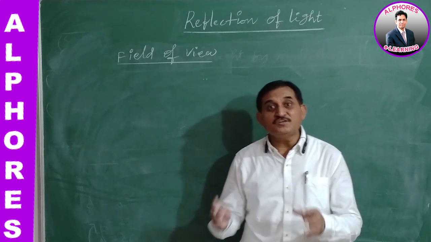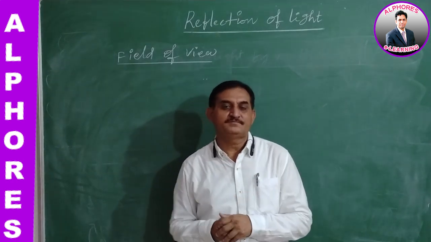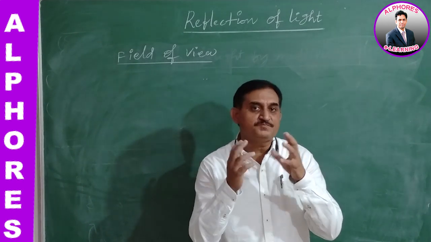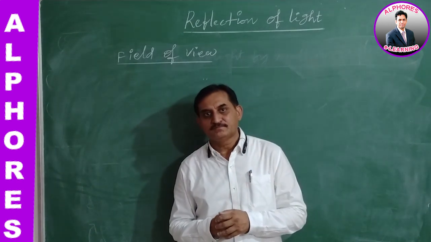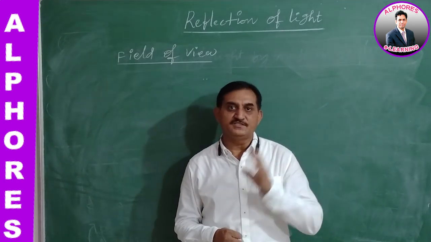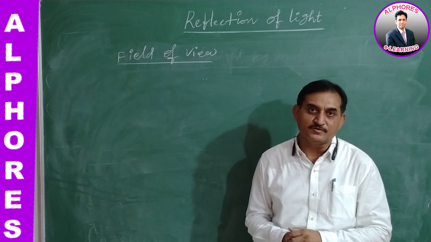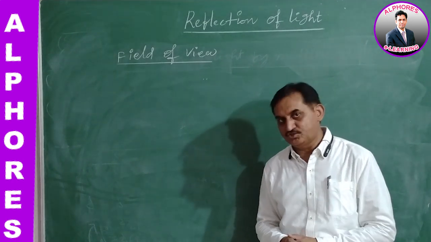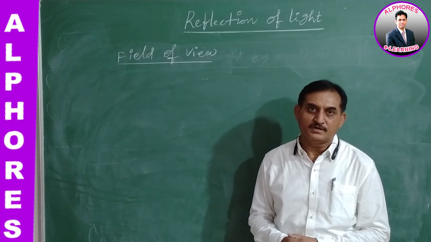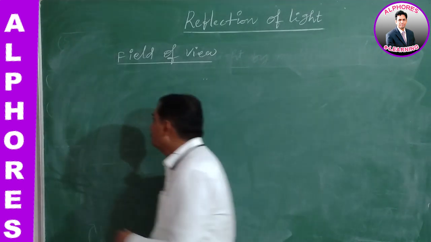Therefore, the region from where you are observing the object or the image, the light must be diverging, coming from the object or the image, and that is taken to be the field of view. Let us go for an example.